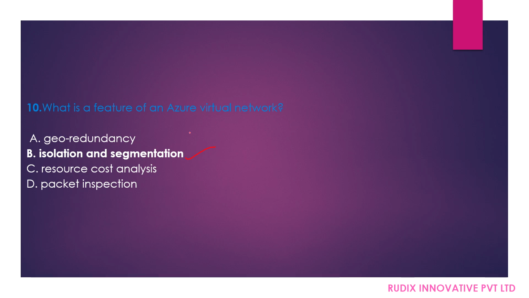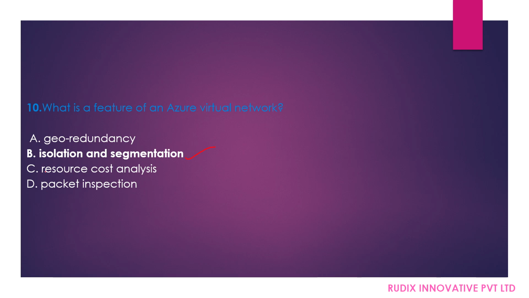Why not C and D? Actually, geo-redundancy refers to duplication of resources across geographical locations. Resource cost analysis involves evaluating the cost of Azure resources and optimizing resource usage, which is not a direct feature of a virtual network.